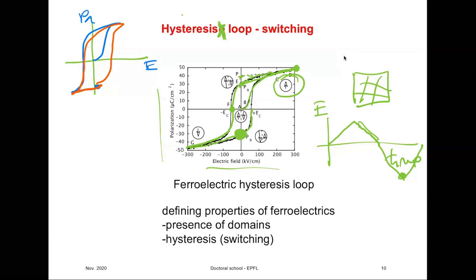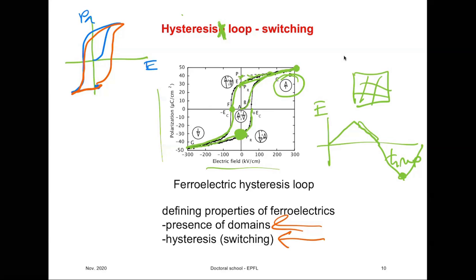So the hysteresis loop is a consequence of the presence of domains, the fact that different polarization states are all equilibrium states, all stable states, and this switching is also a characteristic of ferroelectric materials.